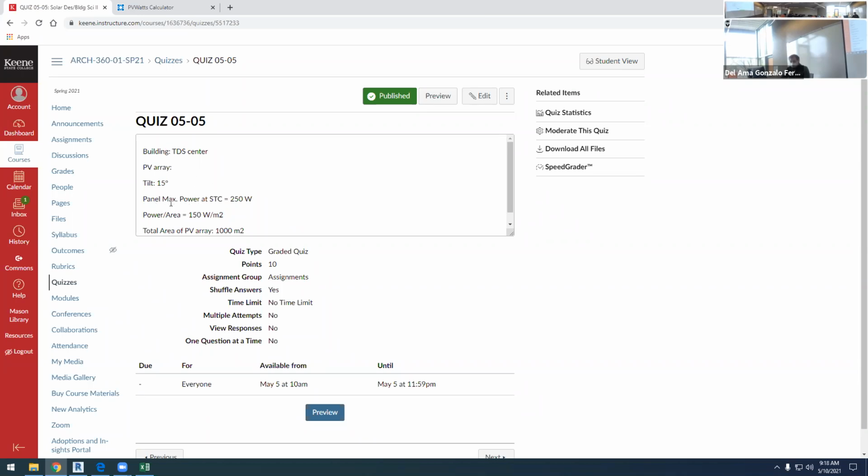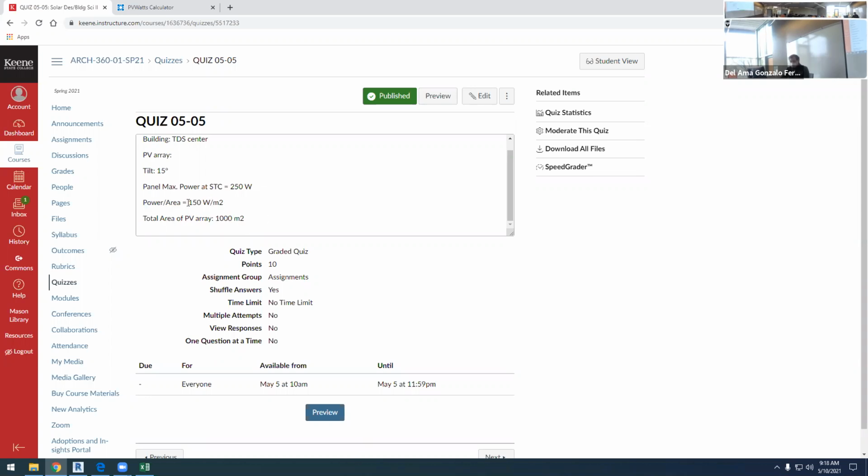We have the maximum power of the panel at the standard test conditions. And then we have the power per area. This power per area is the maximum power at STC divided by the area of one panel. And then we have the total area of the PV array. So if we want to have the total power, we have to multiply the power divided by area times the area of the PV array.